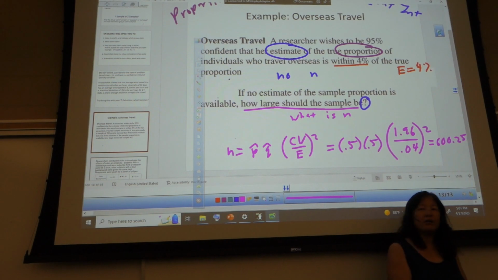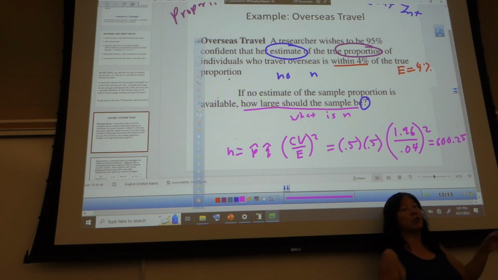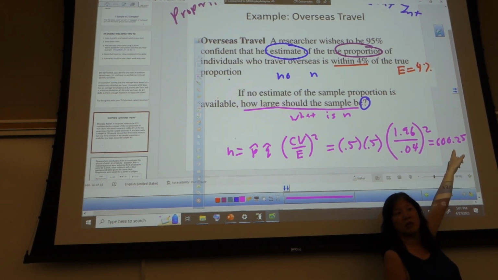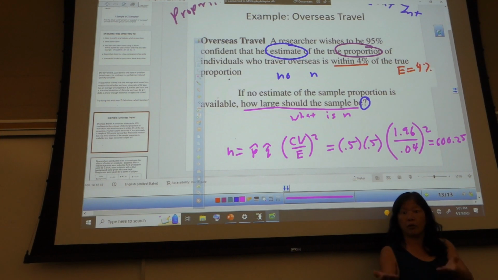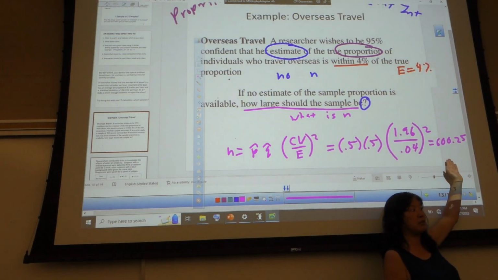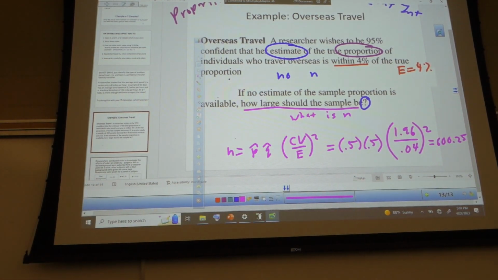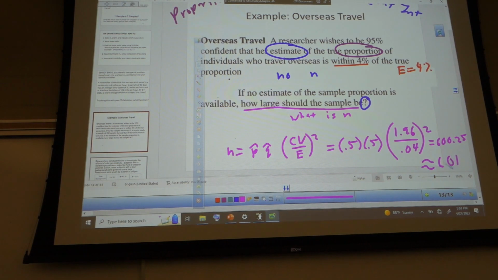So this is the only time this entire class that you're going to round up, to 601, because this is a minimum. If I go in and buy something for $600.25, I cannot give them $600. I have to give them $601 because this is the minimum I need. Everybody okay with that part? Okay, so again, this is the only time you round up, when it's minimum sample size, when you're finding n. So that is 601.